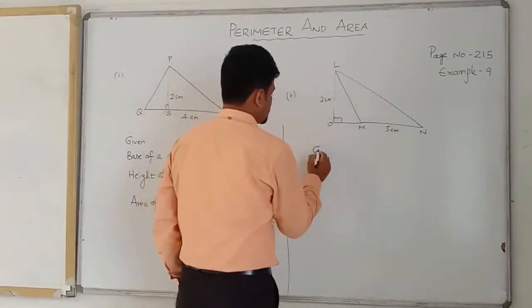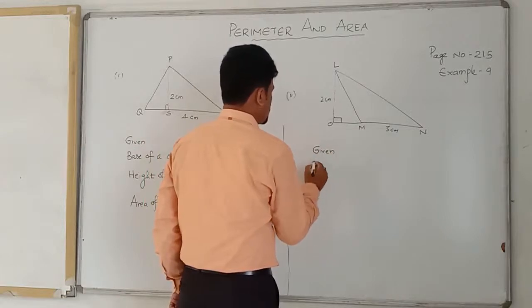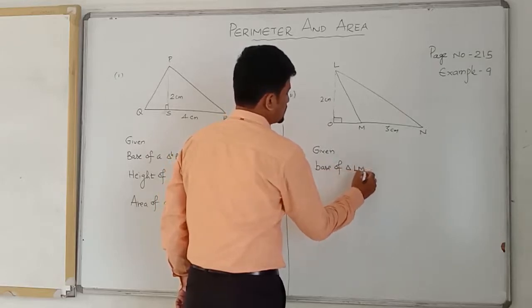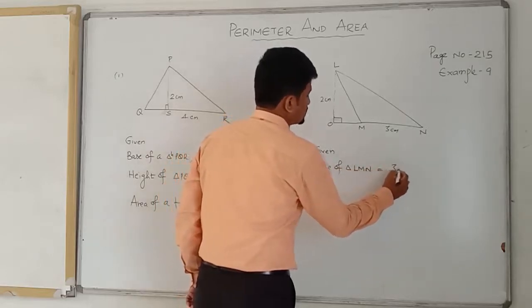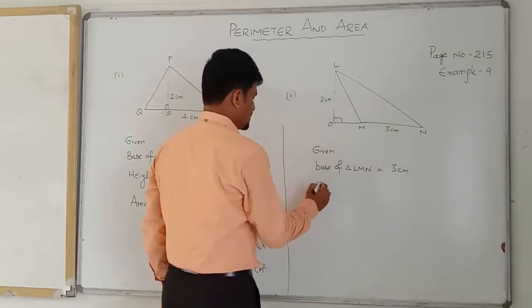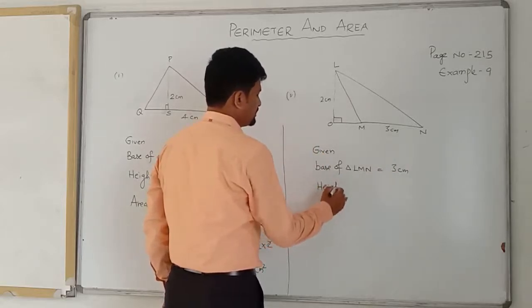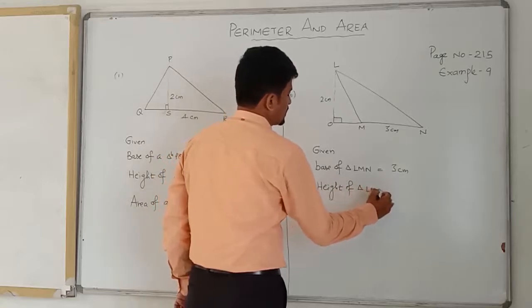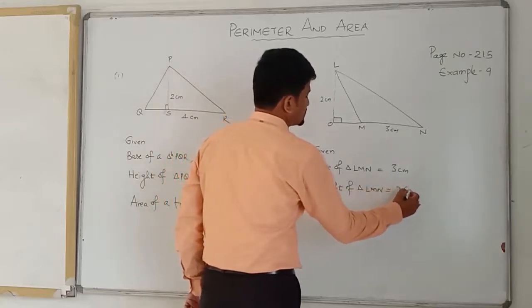Now given the base of triangle LMN is equal to 3 centimeters and the height of triangle LMN is equal to 2 centimeters.